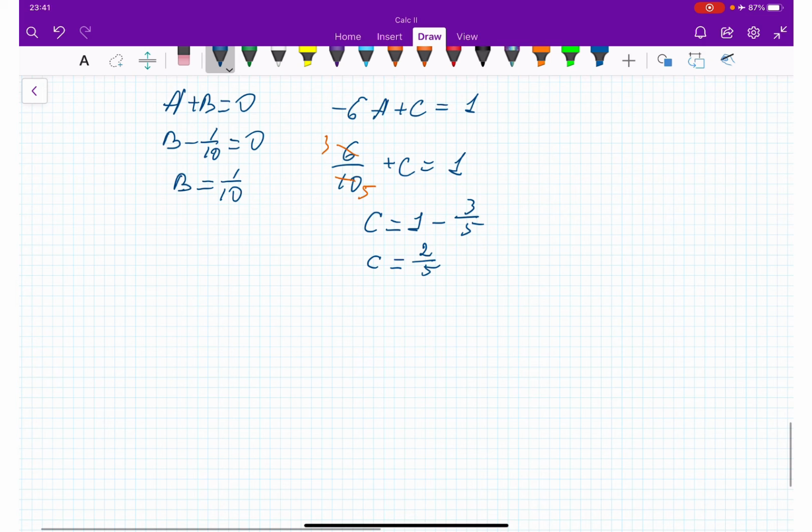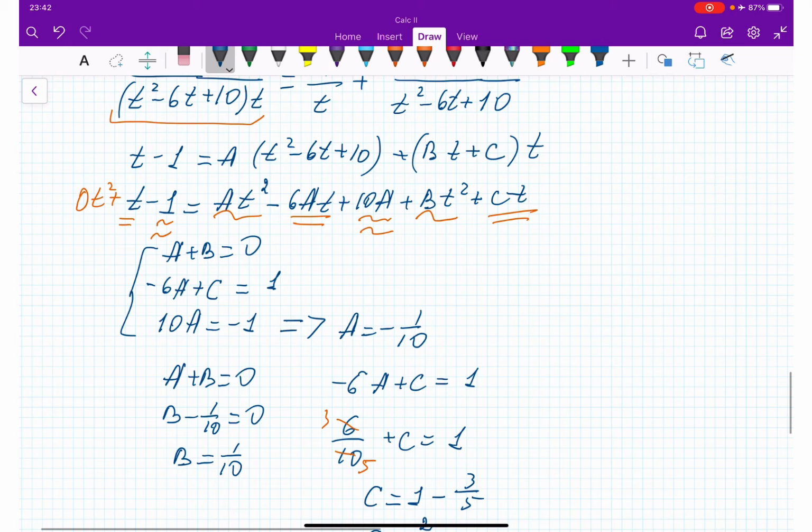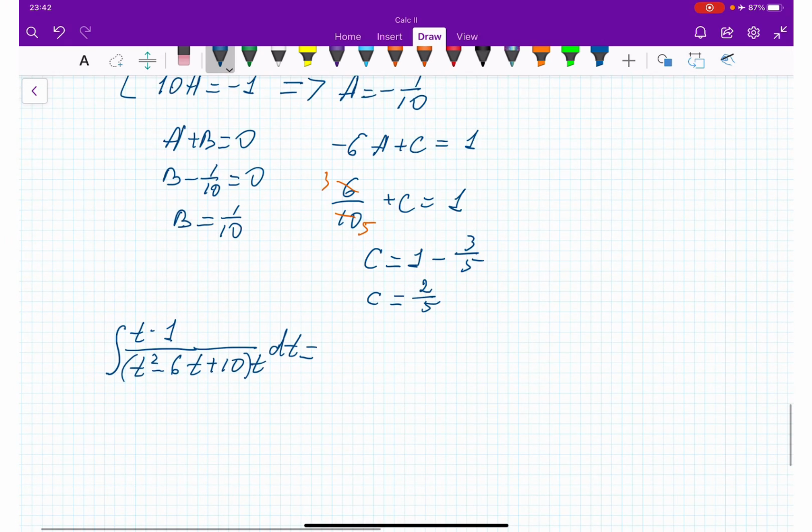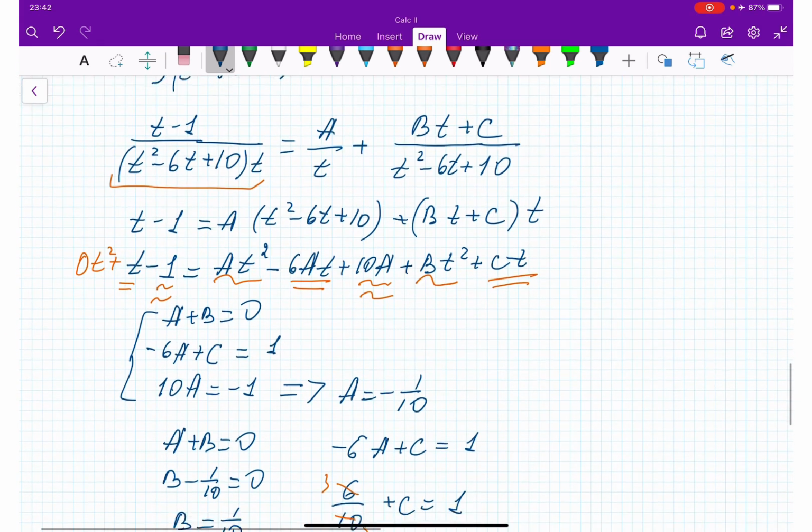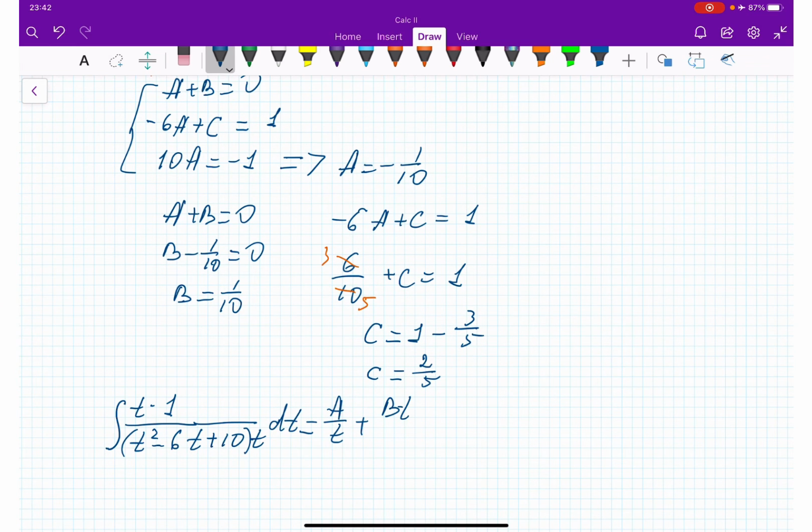So from here, our original integral with substitution, t minus 1 over t squared minus 6t plus 10 times t, dt, is going to be equal to, let me rewrite this, a over t plus bt plus c over t squared minus 6t plus 10.